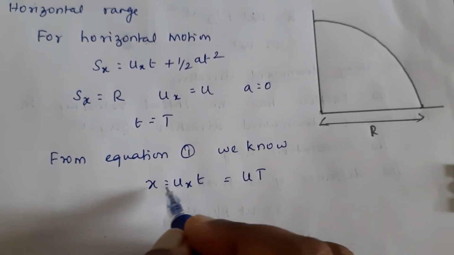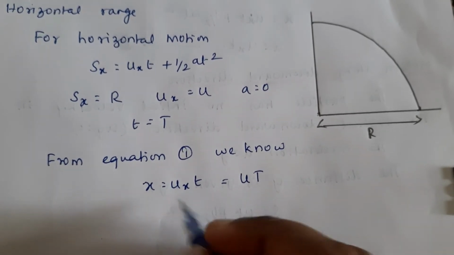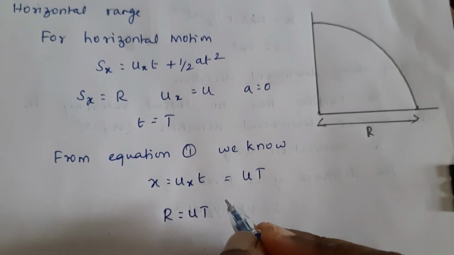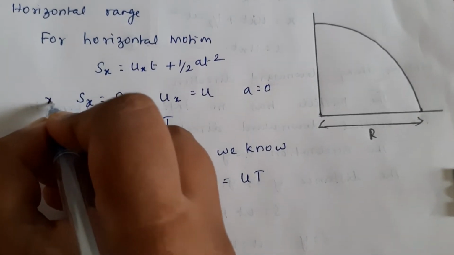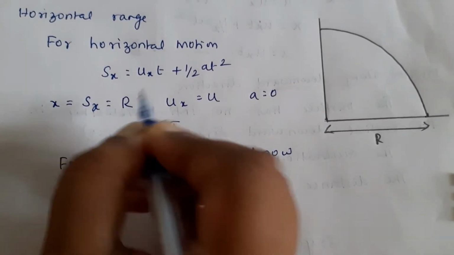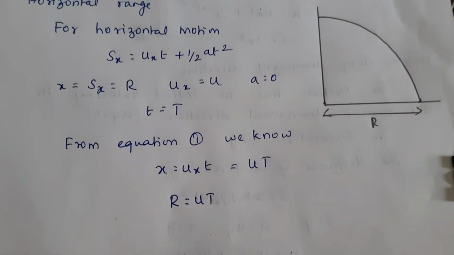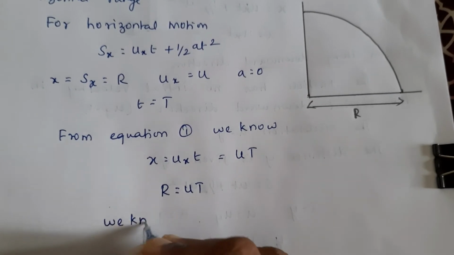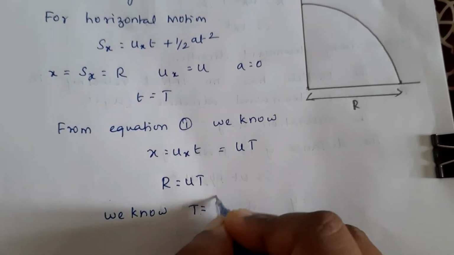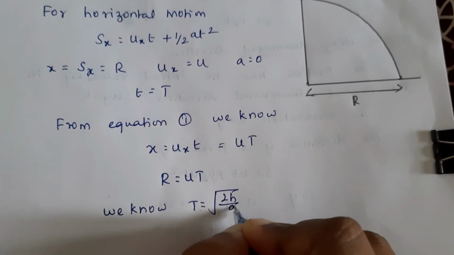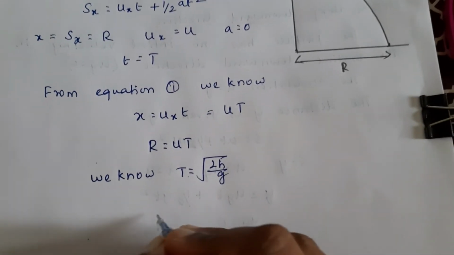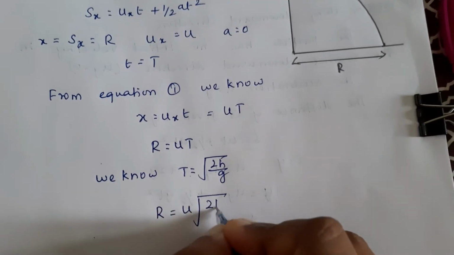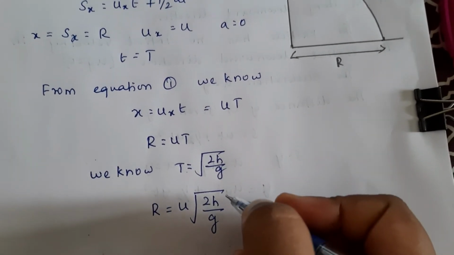So R is equal to ut. So this is nothing but x is equal to Sx is equal to R. Now we know t is equal to root of 2h by g. So what is R? R is equal to u into root of 2h by g.